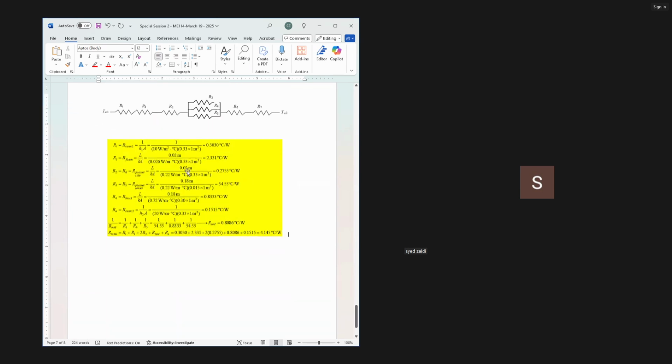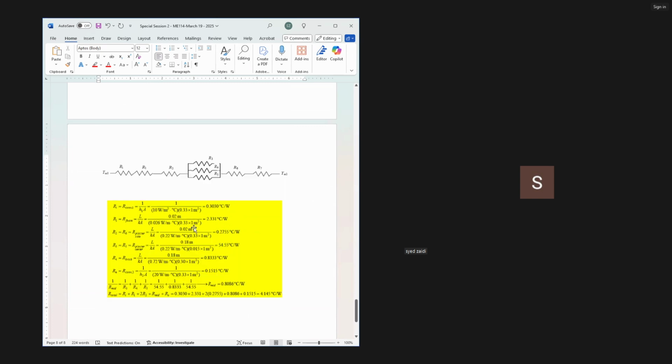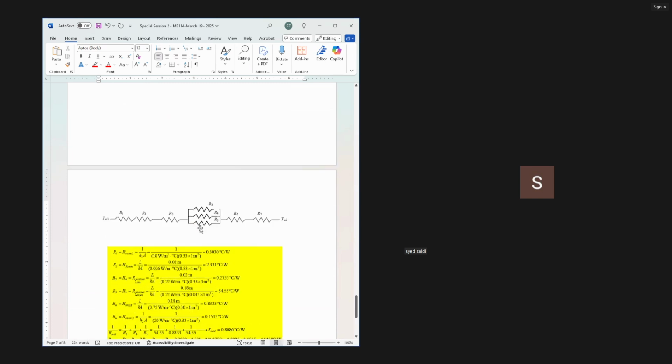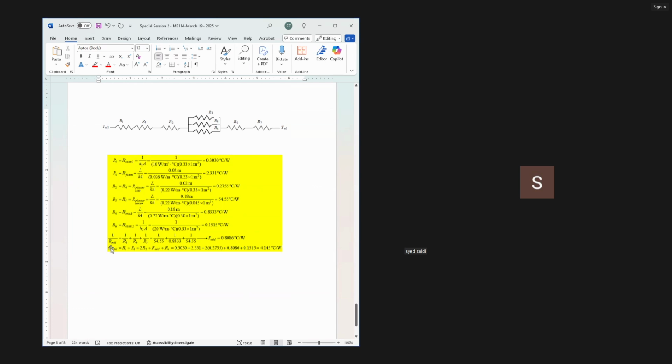So you multiply it by 2 and then keep working on those. For 3, 4, 5, they are parallel. So you have 1 over R mid is 1 over R3 plus 1 over R4 plus 1 over R5. Get the value of R mid, and then you add all the resistances to get the total resistance.